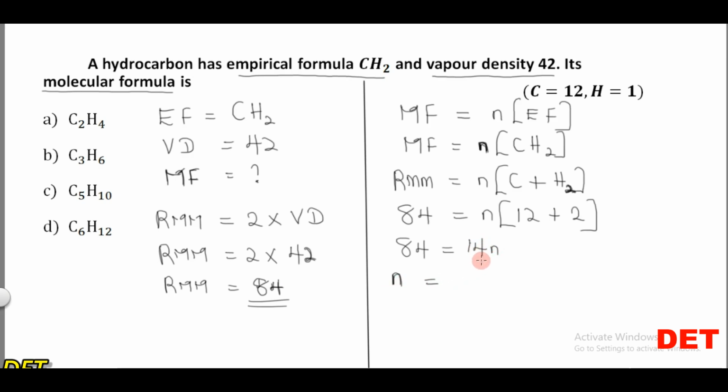My n will be equal to 84 divided by 14, which is 6. So my n is equal to 6.